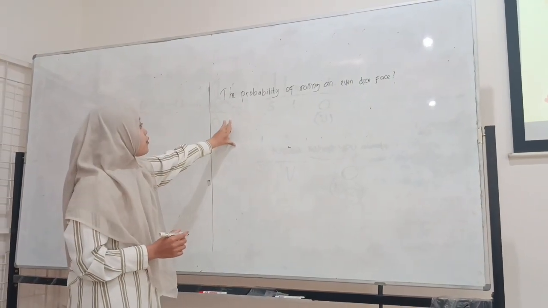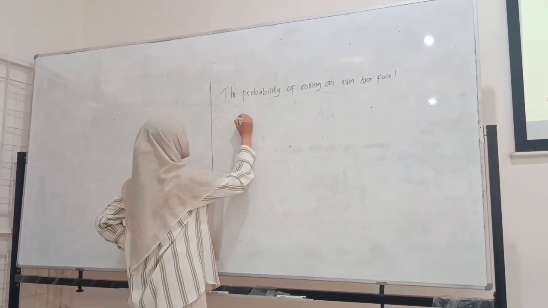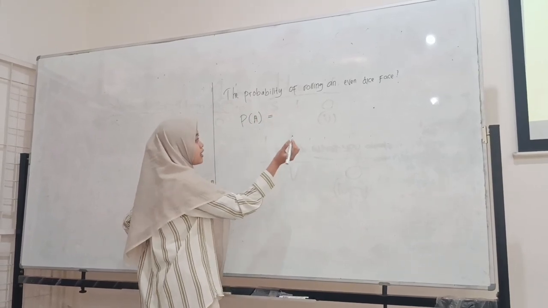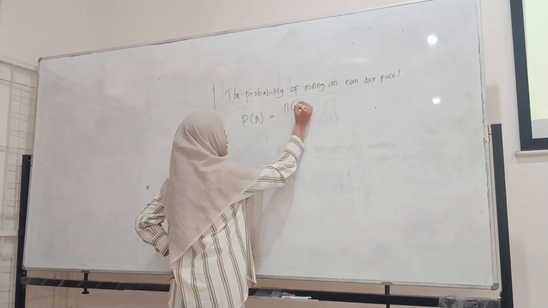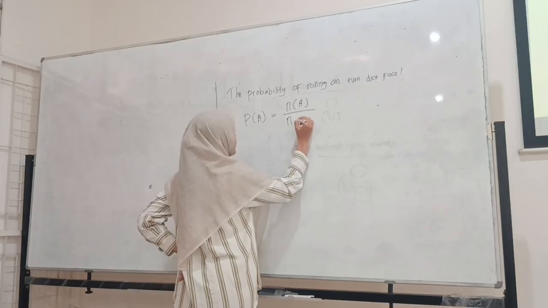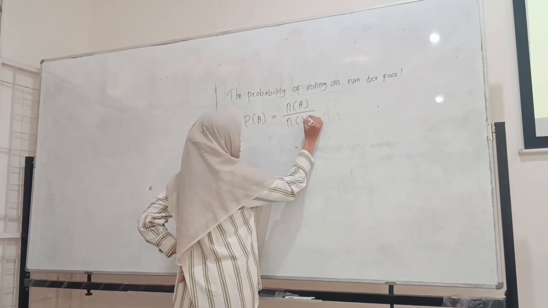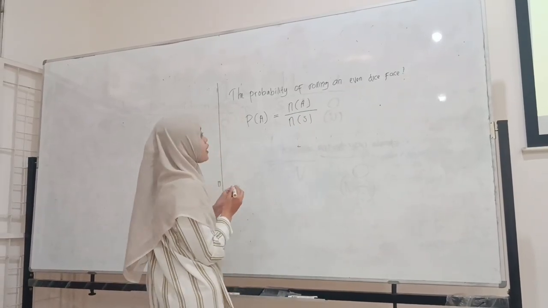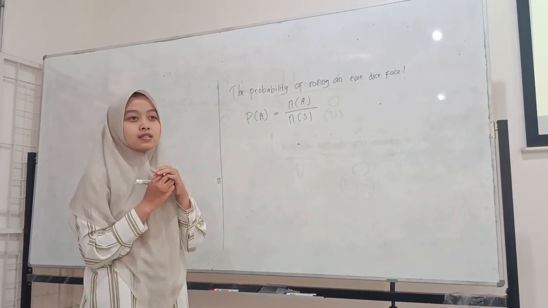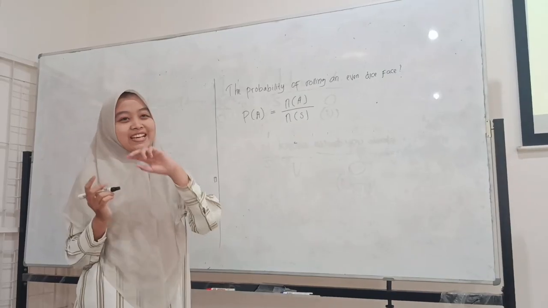The formula of probability is P(A) equals n(A) over n(S). Okay. How many even numbers are in the dice? 3.